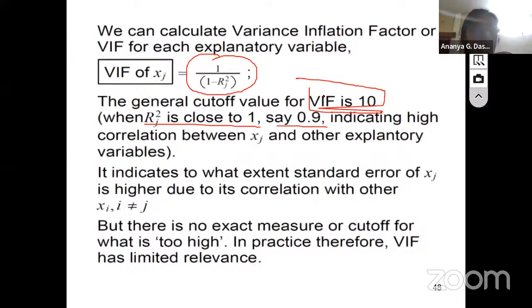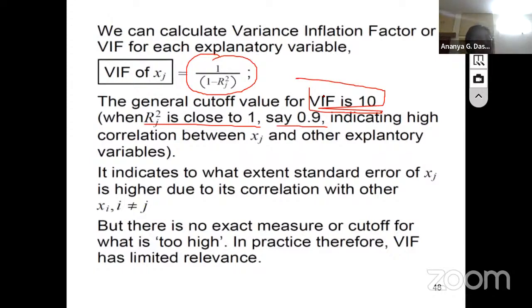Now, is it problematic? Whether it's problematic or not depends on how large a data set you have and how much variation in your variables is there. In other words, are the t-stats significant or not? So you can have significant t-stats, and there is no problem if there is multicollinearity in that case, right?